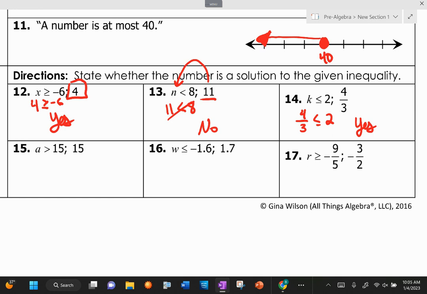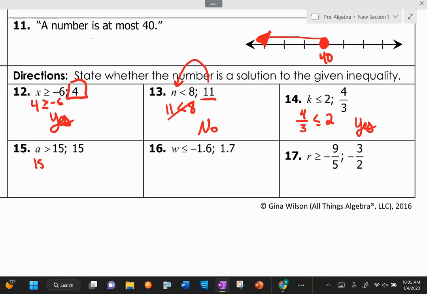What do you have here? All right, number 15. Number 16. Why did I put no?